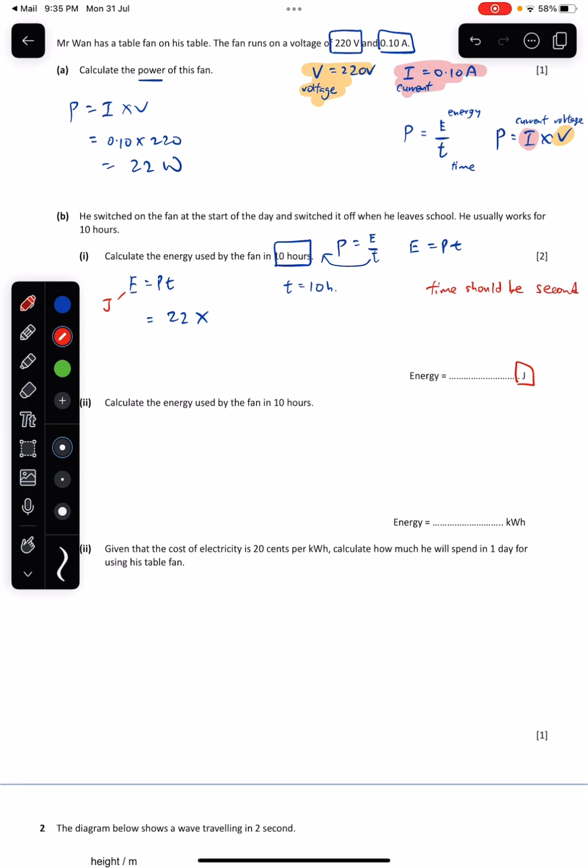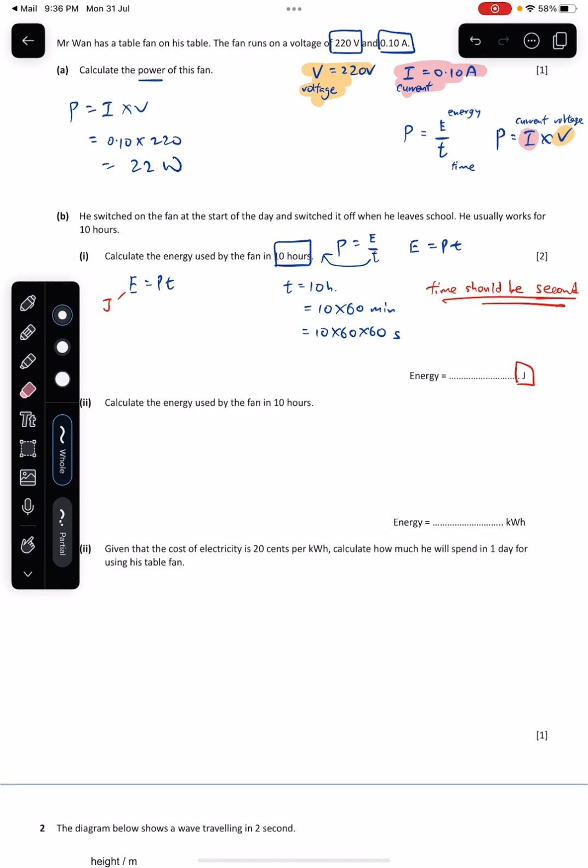So we need to change. So 10 hour is 10 times 60 minutes, which is 10 times 60 times 60 second. So therefore, 22 times 10 times 60 times 60. You get 792,000 joule.